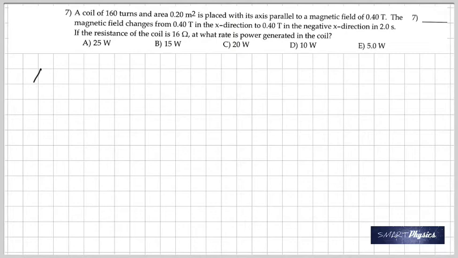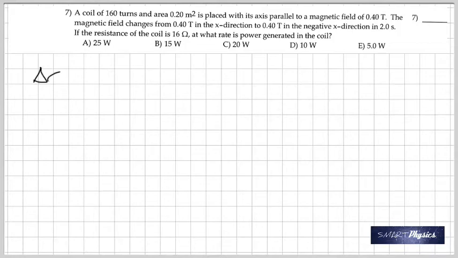Here a coil of 160 turns and the area 0.20 meter squared is placed with its axis parallel to a magnetic field of 0.4 Tesla, and the magnetic field changes from 0.4 Tesla in the x direction to 0.4 Tesla in the negative x.